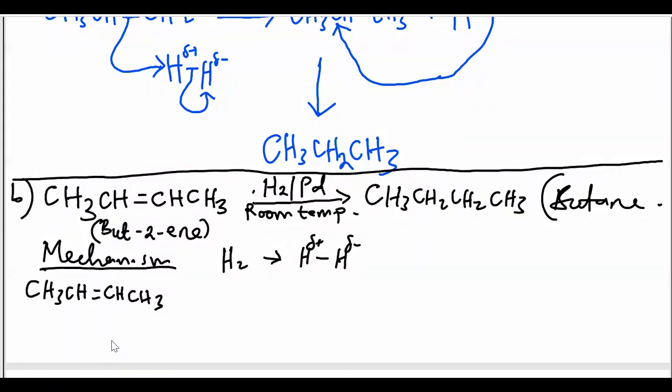What will happen initially? We bring the hydrogen, which is partially positive, and it is going to be added onto. Being that it's an electrophile, it will withdraw electrons from the source of electrons there, that is the double bond, and it will be added.